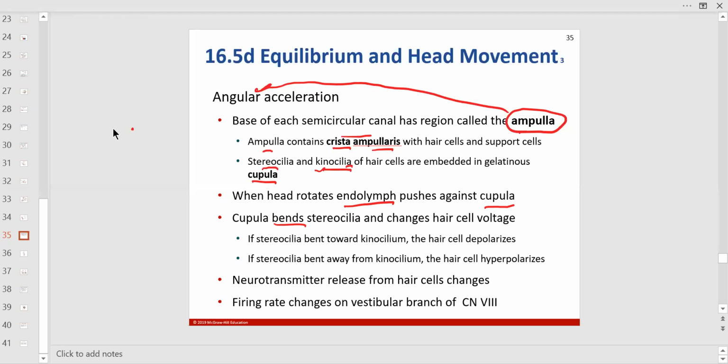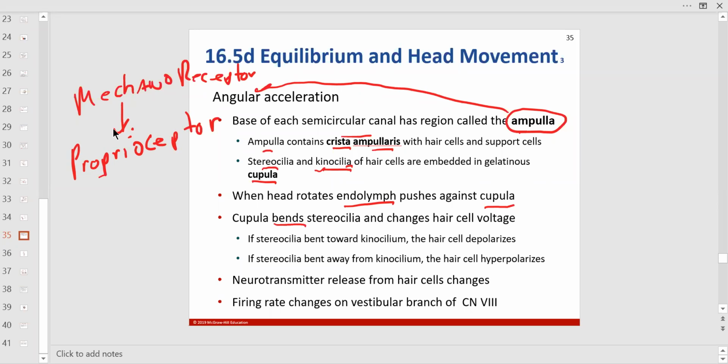These are mechanoreceptors, and a type of mechanoreceptor is a proprioceptor. Just like the synovial joints in your knees, these are in your ear for sense of movement. But proprioception has to do more with balance.